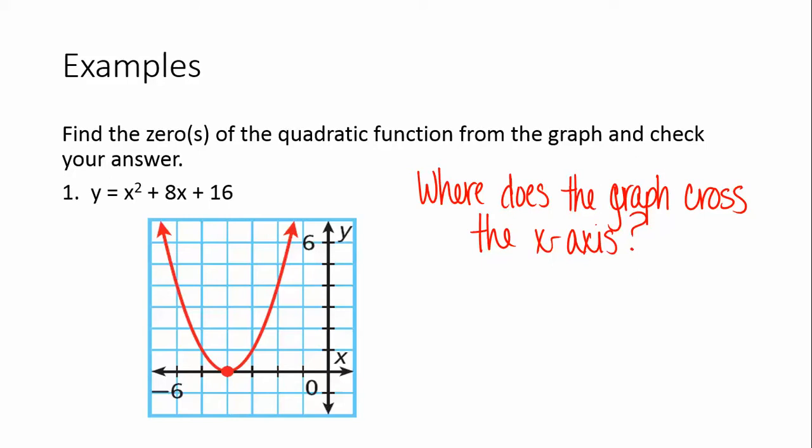And those are going to be your zeros. So here we see it doesn't actually cross the x-axis, but it touches the x-axis at -4. So one of our zeros is x equals -4.